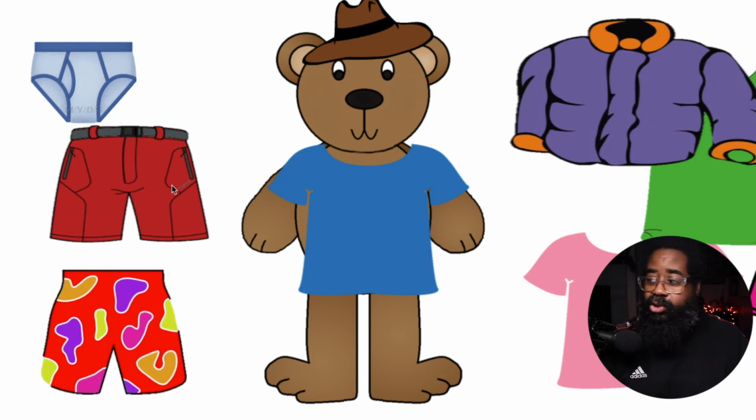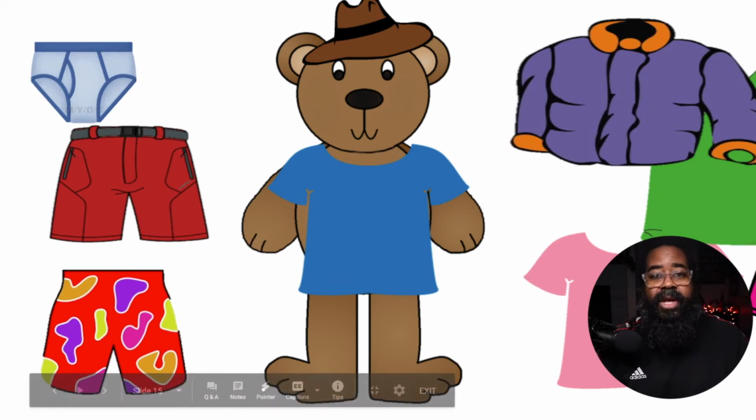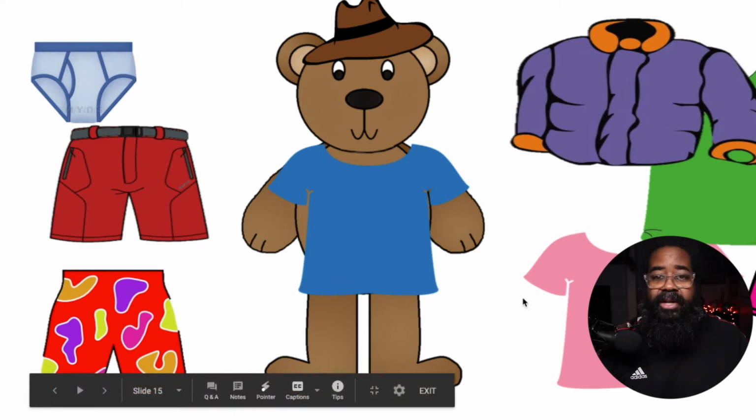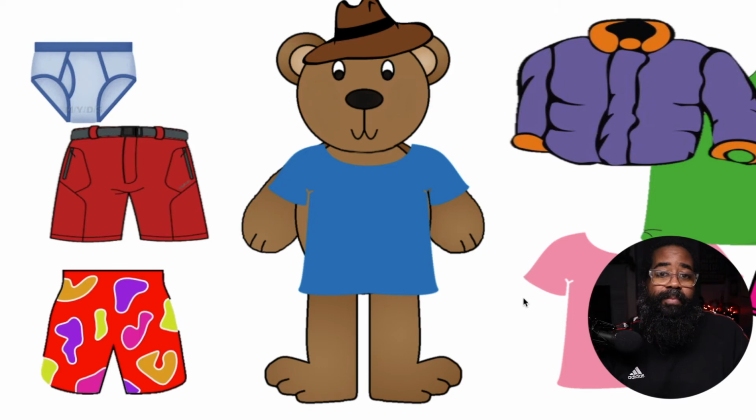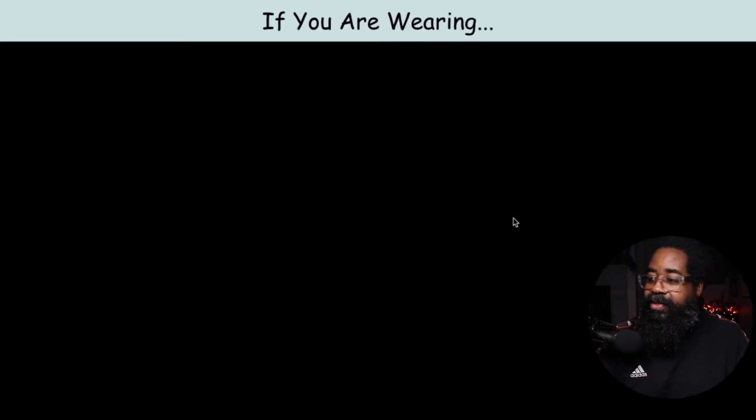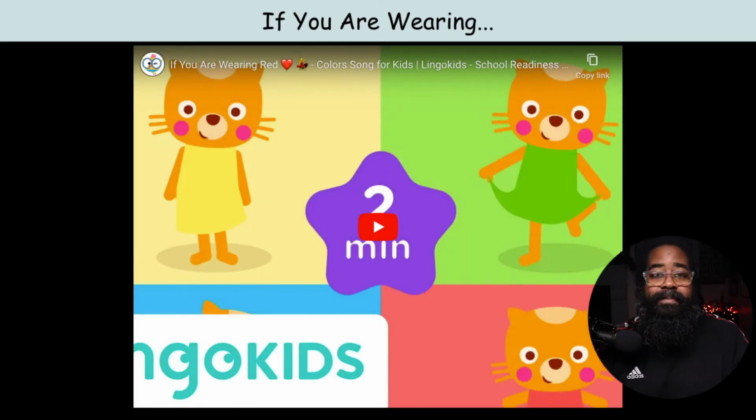Maybe the red shorts, the green shirt, the purple jacket, the pink shirt. Just helping the kids understand that they wear different kinds of clothes. What better way to explore clothes than to dress a fake teddy bear during our COVID distance teaching and learning? Then we're also incorporating music and movement.